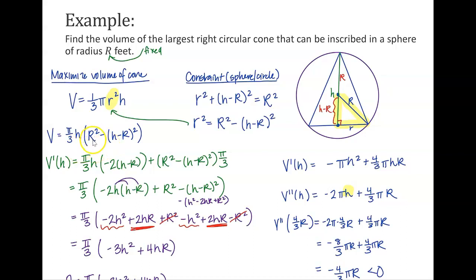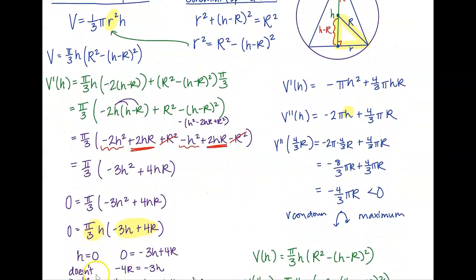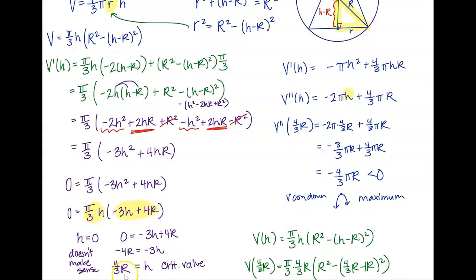It just looked ugly because that capital R was in there, but it was really just a placeholder for a specific number. But it made things a little bit trickier to keep track of. We got to our critical value, 4/3 capital R, right? It had an R in it, but it's still just some number as a critical value.